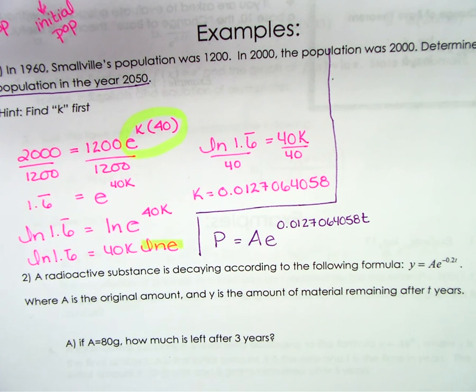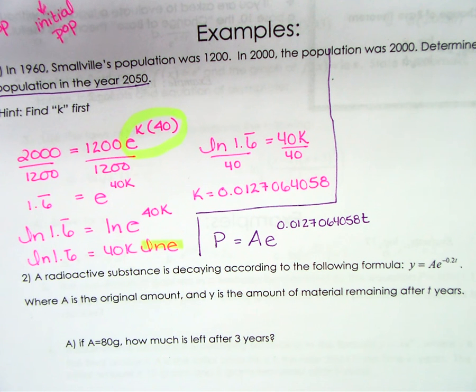It really depends on which one you want to use. You could use the 1200 population, then your T would be different. I'm going to use the 2000 population because I can do that math in my head. So Basil had asked, does it matter which population I use as my initial?